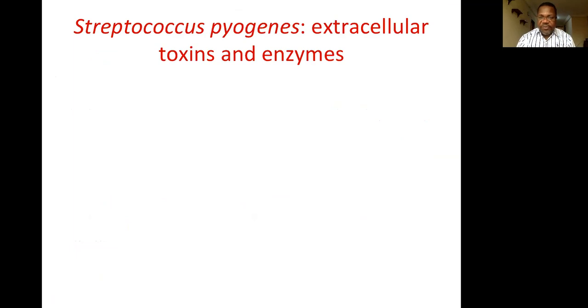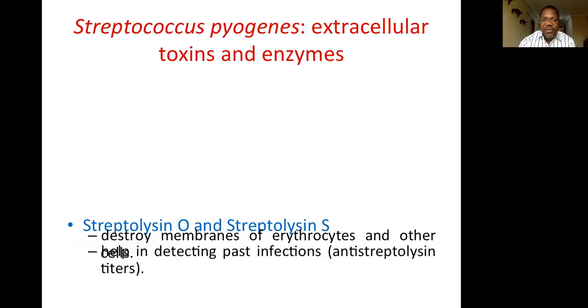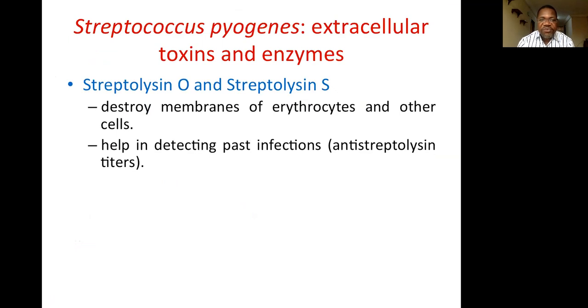Now let's look at Streptococcus pyogenes, or group A streptococci. Streptococcus pyogenes is quite a well-equipped microorganism in terms of virulence factors. It has a lot of extracellular toxins and enzymes. It has what we call streptolysin O and streptolysin S. Those are able to destroy the membranes of erythrocytes and other cells in our body, and they can also be used for diagnostic purposes.